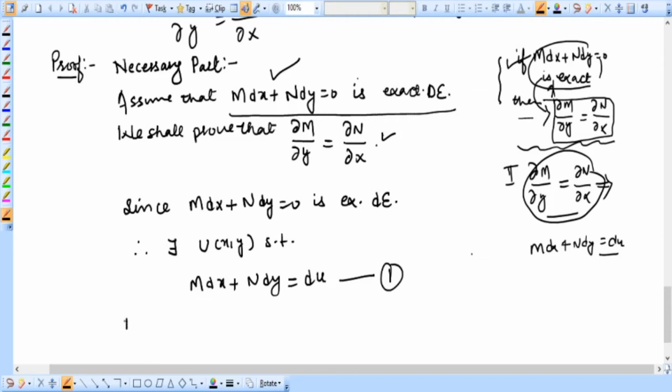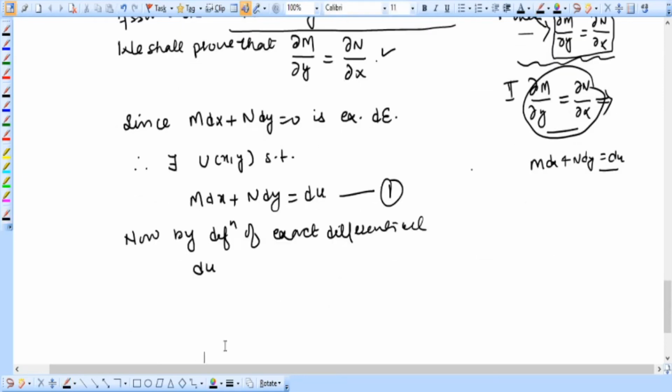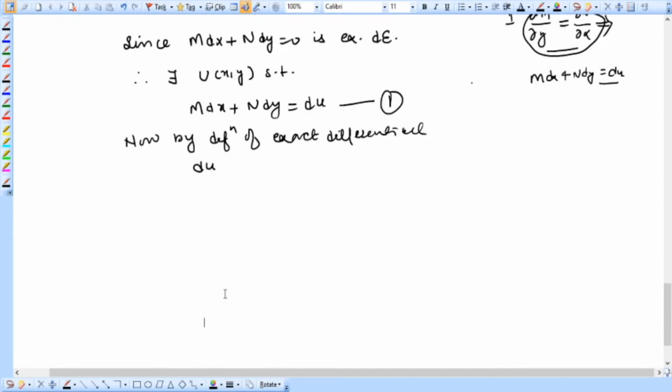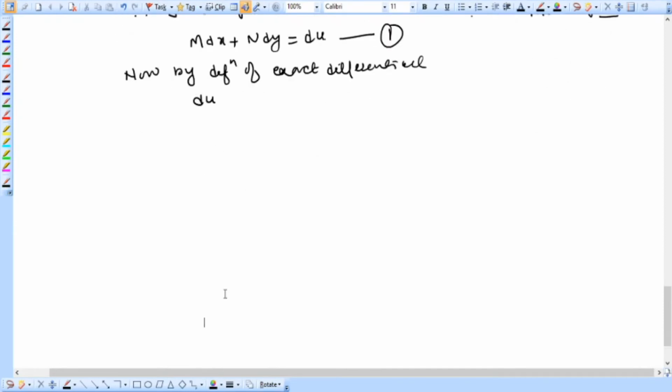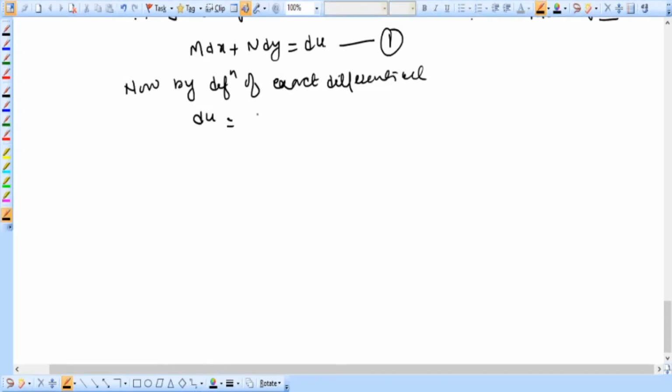Now by the definition of exact differential, du is equal to ∂u/∂x dx.